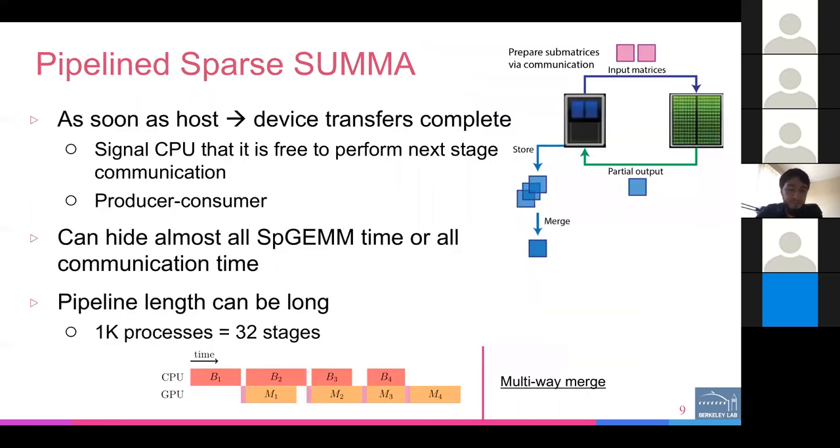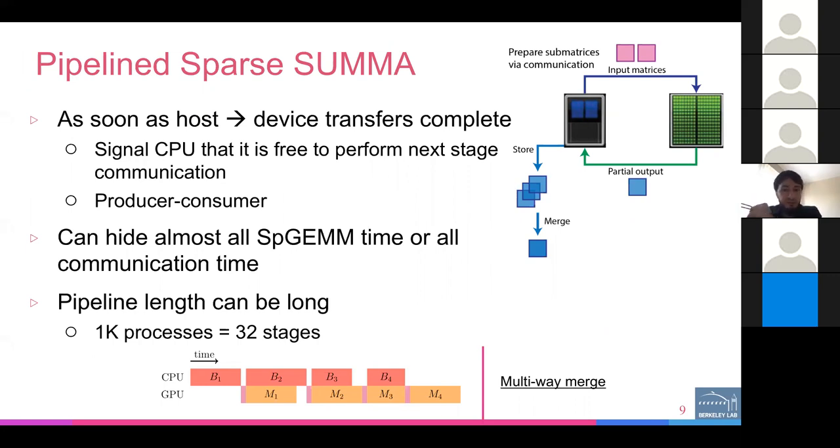When the local multiplication is performed by the GPU, the host produces input matrices via broadcast operations, and the device multiplies them and generates intermediate results, or the partial results, for the host, which then stores and merges them. As soon as the input matrices are transferred to the device, the CPU can free the memory occupied by these matrices and continue on to prepare the inputs for the next stage.